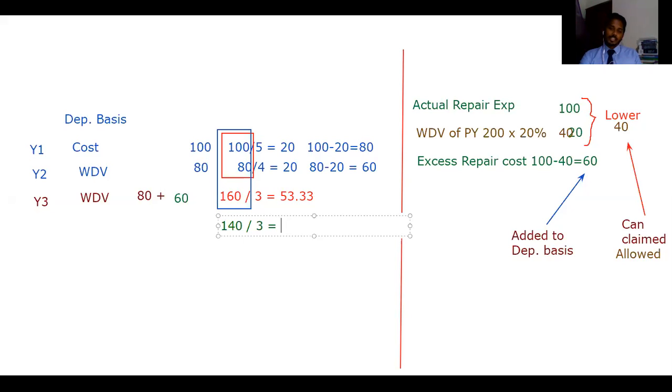Normally, when we are calculating the depreciation capital allowance for tax purposes, we take whatever the class entirely. Let's say they have purchased furniture of 100 million this year. If they have purchased 100 million, we apply the applicable rate, 20%, that means 5 years, and claim the capital allowances.